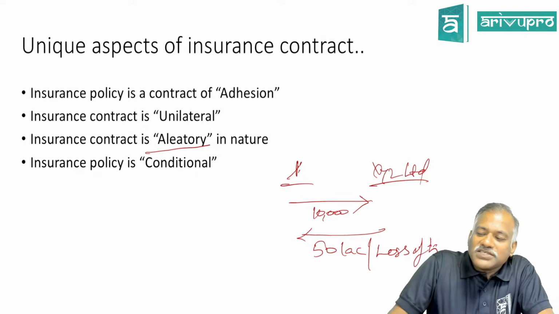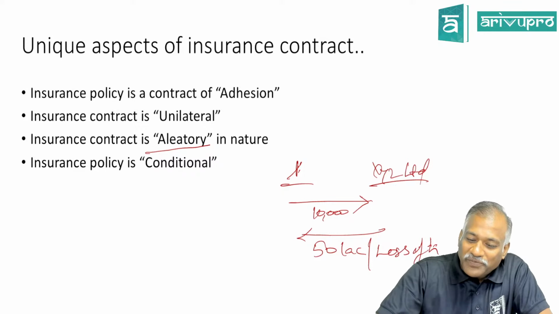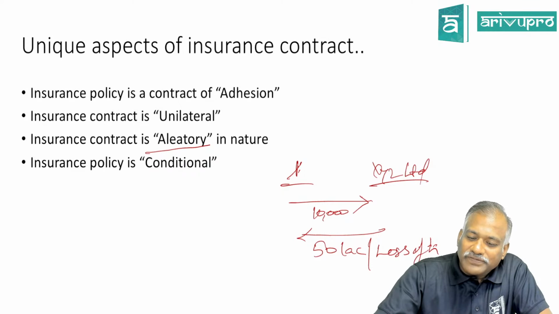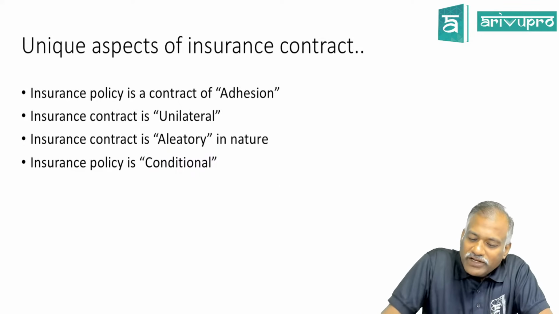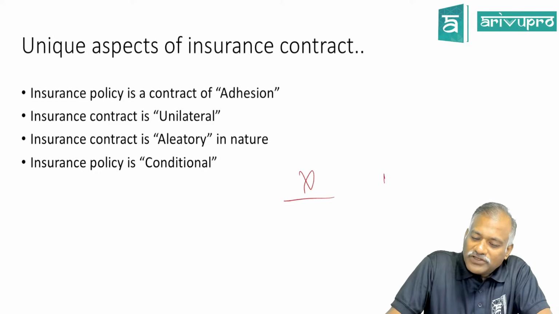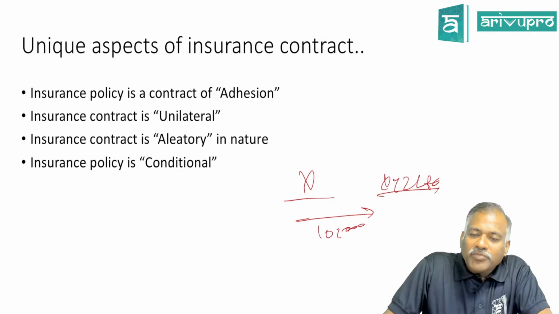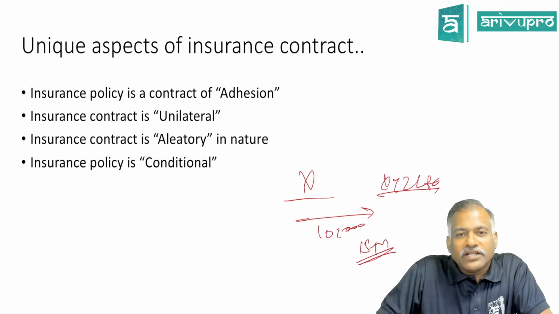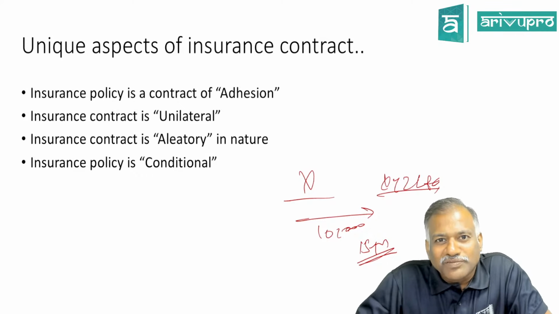Similarly, there can be another scenario. Okay, so what could be the other scenario? The other scenario is wherein there is Mr. X and then there is insurance company XYZ Limited. X was paying 10,000 rupees premium every year. He paid and paid and paid for 15 years and he survived the entire term.